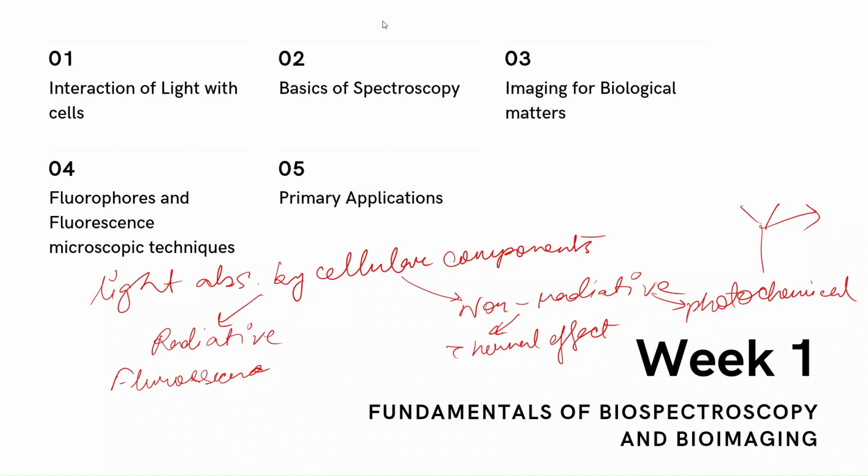We saw different kinds of spectroscopy. UV visible spectroscopy deals with transitions in the electronic states, or you have IR spectroscopy, which deals with transitions in the vibrational states of molecules.